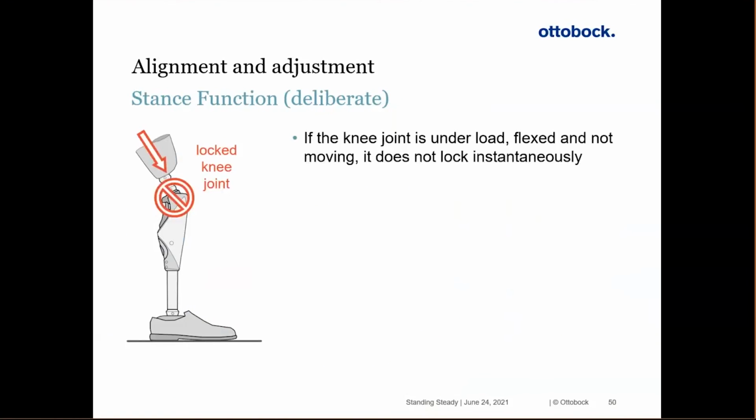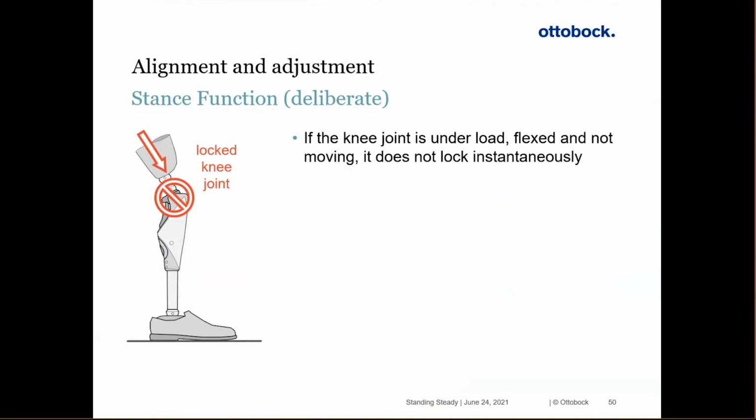A couple of new features in the knees are this deliberate stance. This is in Genium and X3 and was designed with the bilateral user in mind. In that intuitive stance where they just stand still and bend the knee slightly, it can activate maybe too quickly or deactivate too quickly.